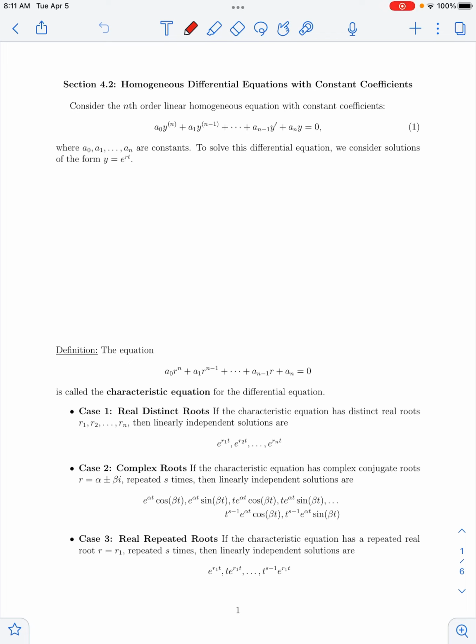So let's consider some nth order linear homogeneous equation that has constant coefficients, something of the form given in equation 1, where we have a naught times the nth derivative plus a1 times the n minus first derivative, and so on, up through an times y is equal to 0. So we have a homogeneous nth order linear equation, and these a naught, a1 up through an expressions are constants.